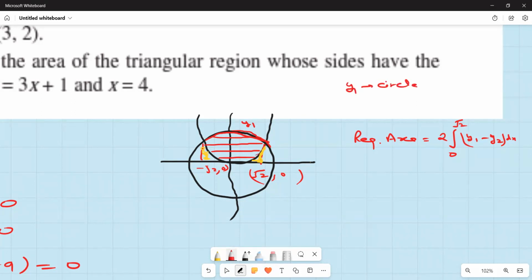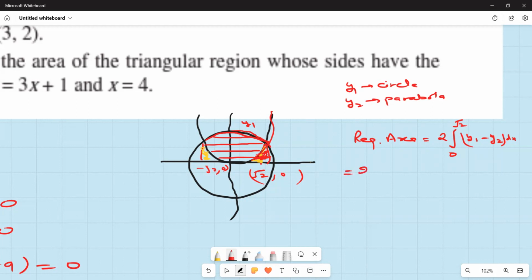And under this, you will subtract this area. So that is your y2. Parabola is your y2. As the curve is symmetrical about the y-axis, the required area is equal to twice of this area.